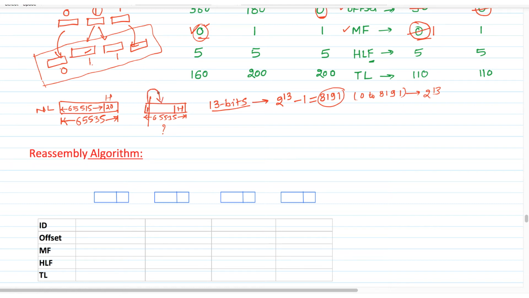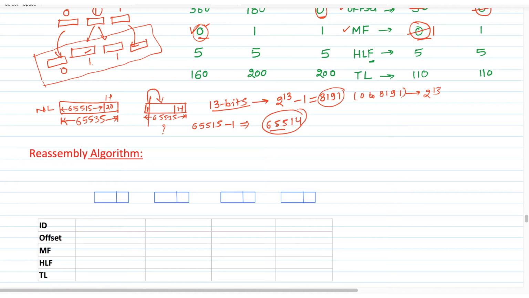Out of 65535, 20 bytes are header, so 65515 data bytes are available. If the last fragment has only 1 byte, then the offset value will be 65515 minus 1, means a total of 65514 data bytes will be ahead of this fragment. So the offset value will be equal to 65514.